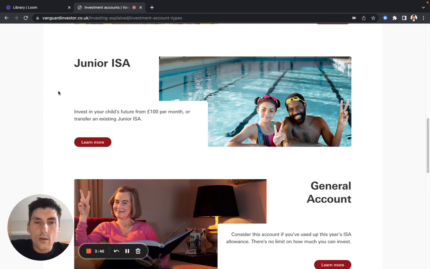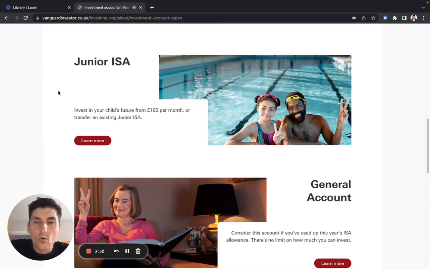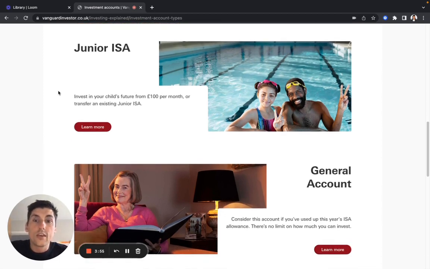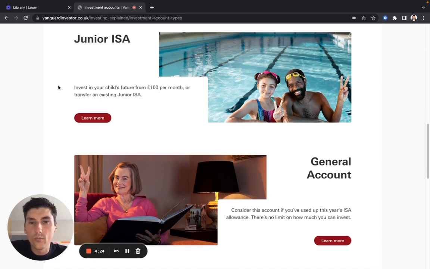And you can obviously contribute by yourself as parents, or you can also get friends and family to contribute to this junior ISA as perhaps a gift, a birthday present, or a Christmas gift, so that you're effectively investing into their future, so that whenever the child comes to use the investment at a later date, maybe when they turn 18, that money will have grown over that time, depending on how long you've been invested and what you've been invested in.